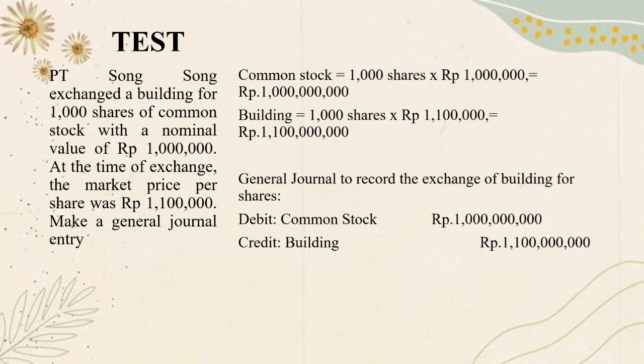So the common stock is 100 shares multiplied by 1 million. The result is 1 billion.